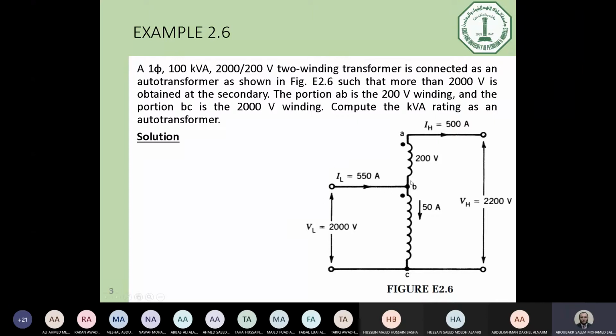However, due to the connection here, extra current will be moved from the supply to the secondary. In that case, the apparent power due to the connection between primary and secondary will be increased by another 1000 kVA.